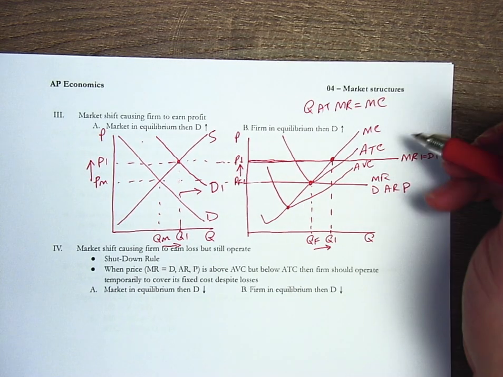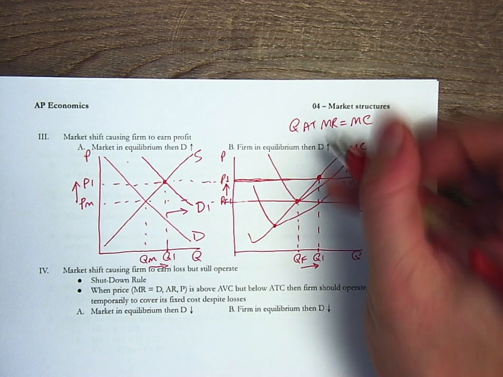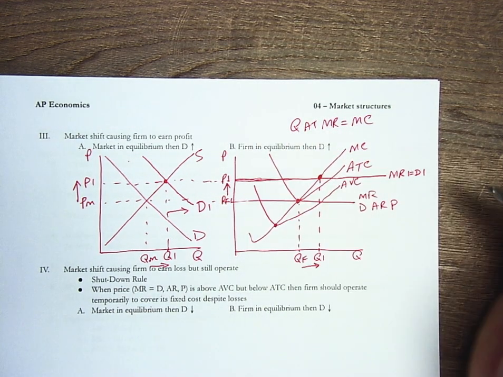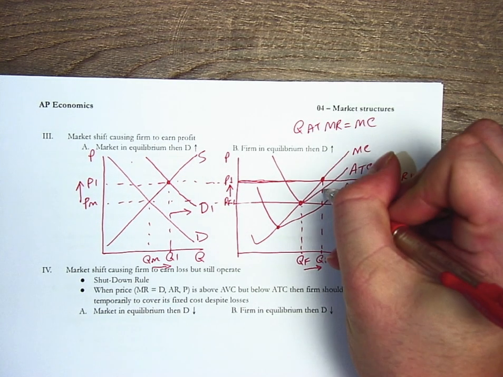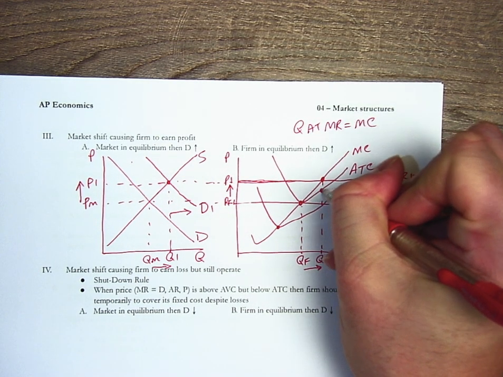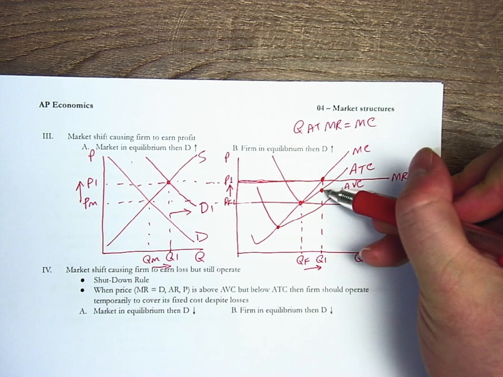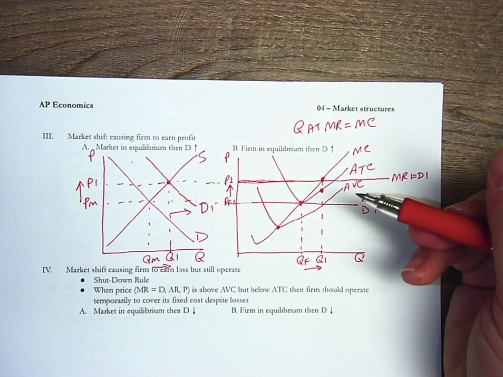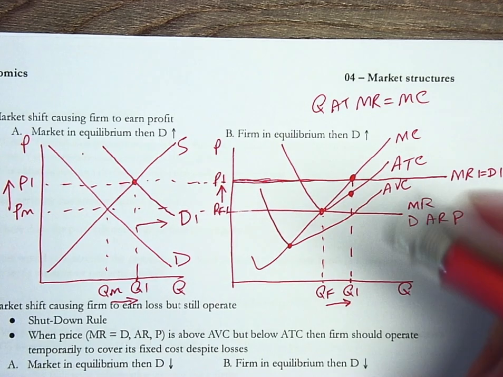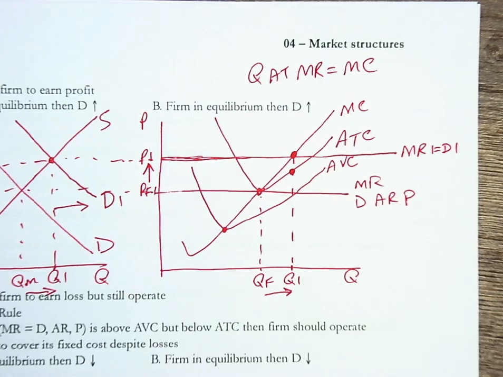But now we have to observe something. Price is up here. P is way up here. But the ATC, the average total cost of a unit, is here at that quantity, right? So notice that there's a distance between price and ATC here, and it's a little bit hard to see, so I'm going to zoom in even a little bit more so that you can really see that picture.